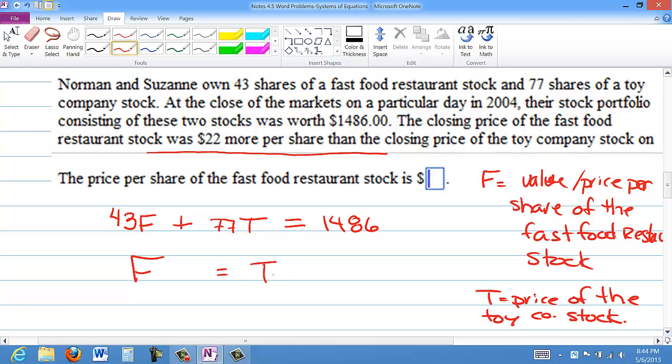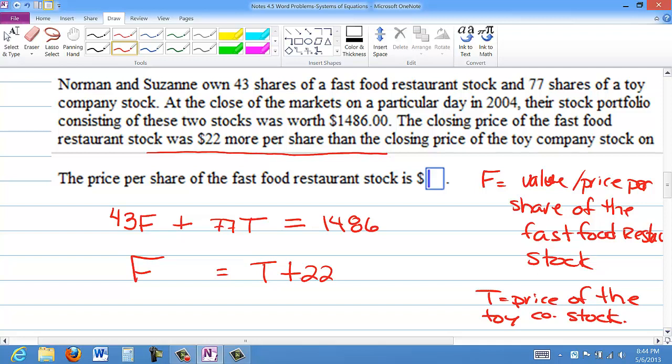But they're not totally equal. It says 22 more per share than the closing price of the toy company. So the restaurant stock was, which is another way of saying is, 22 more than the toy company.